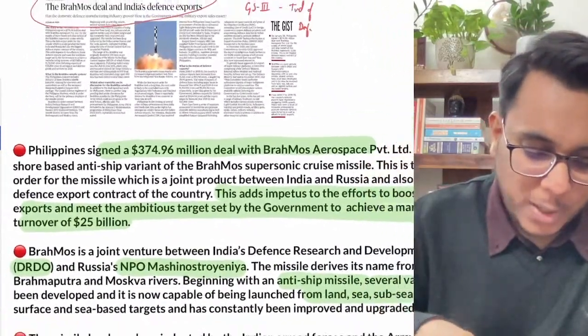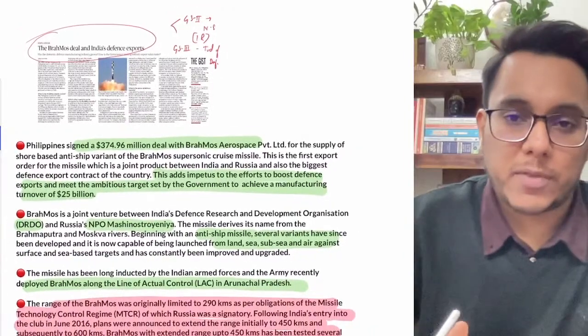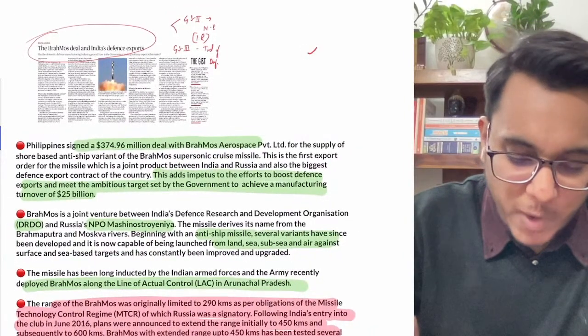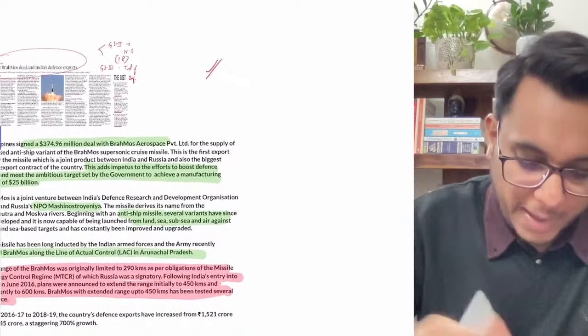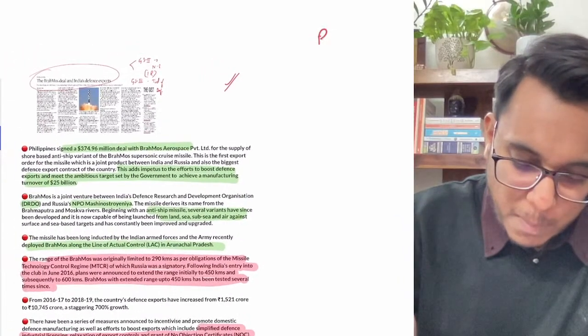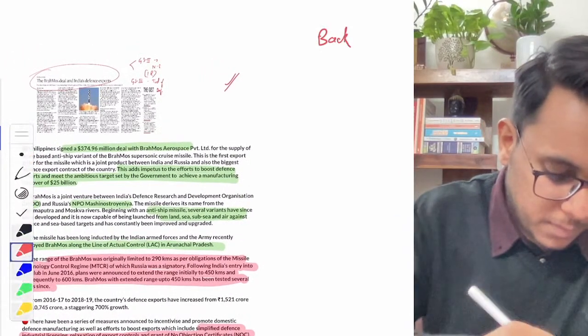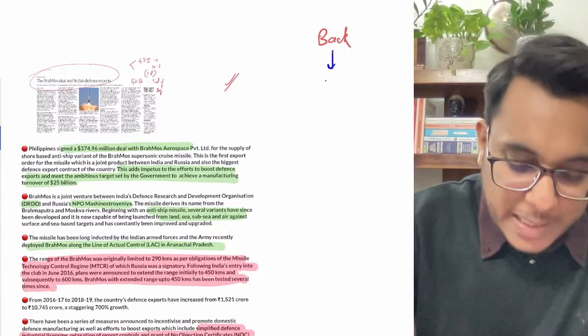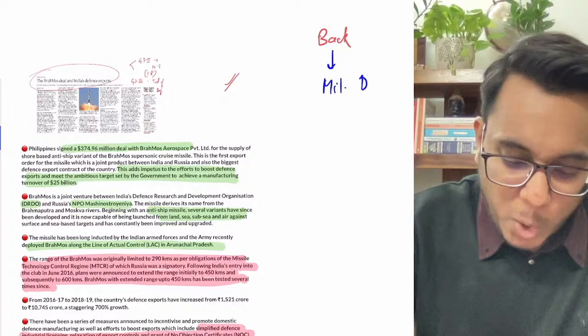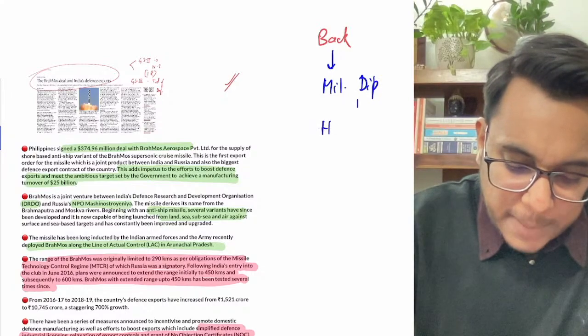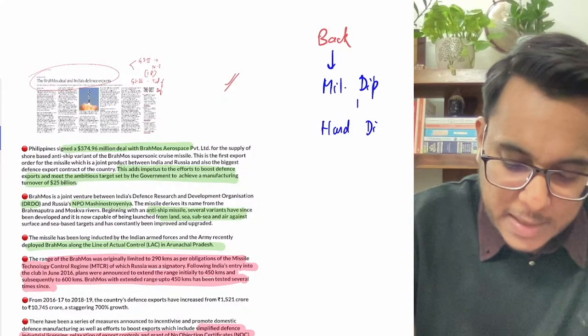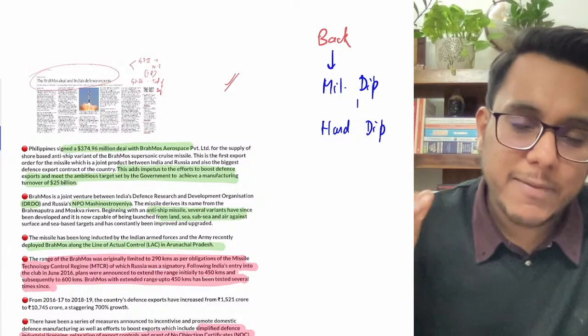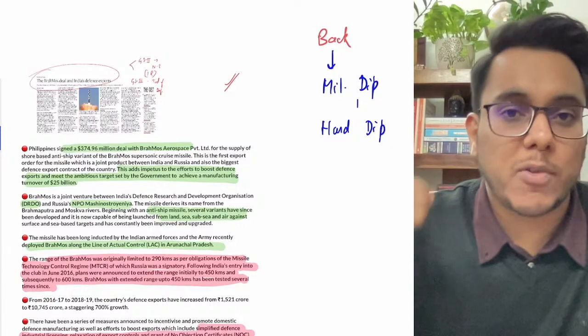Okay, so first of all, guys, I'll give you some background, and then we'll see why this article is important. Background: understand that military diplomacy, or hard diplomacy, is a very significant component of a country's foreign policy.